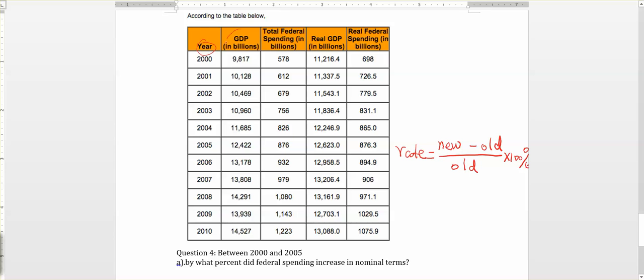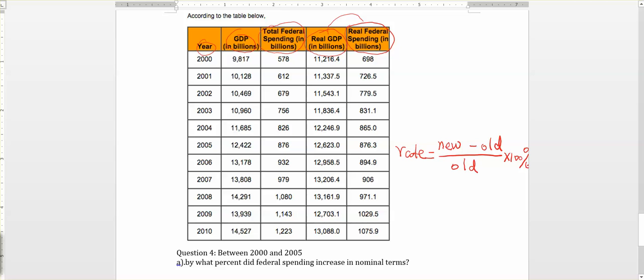The second column is the nominal GDP, which is not adjusted for inflation. The third column is the total federal spending, which is also nominal. The fourth column is the real GDP, and the fifth column is the real federal spending.